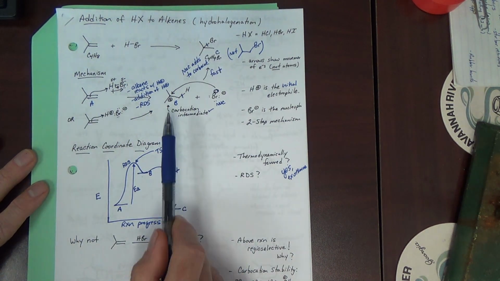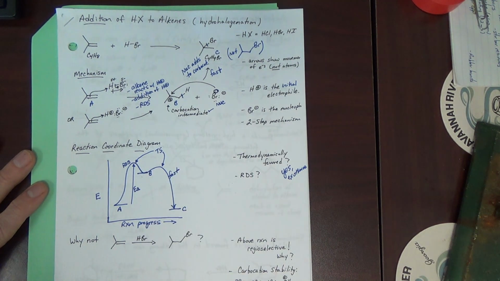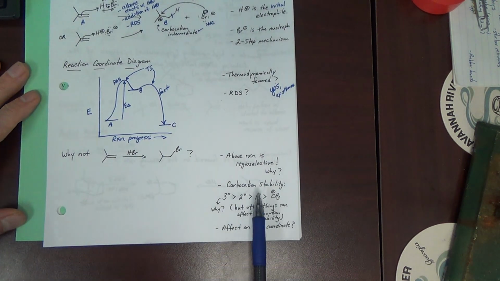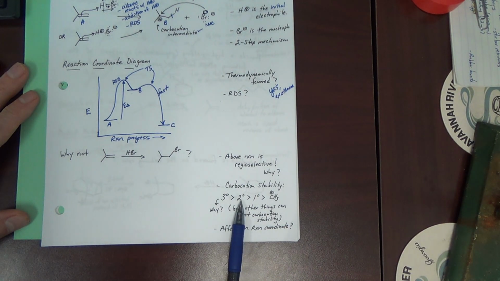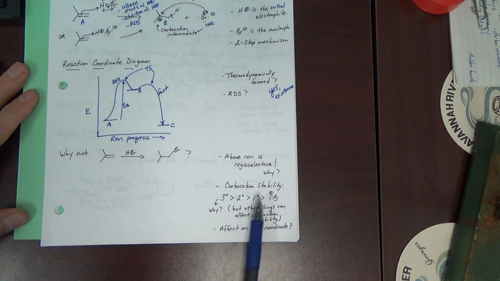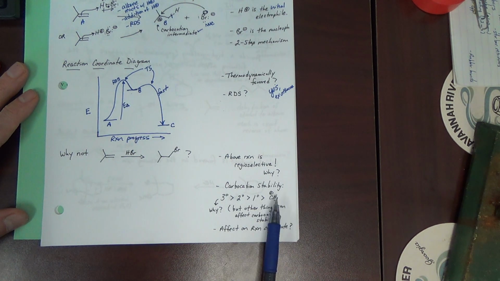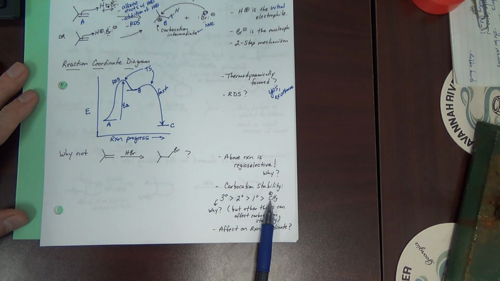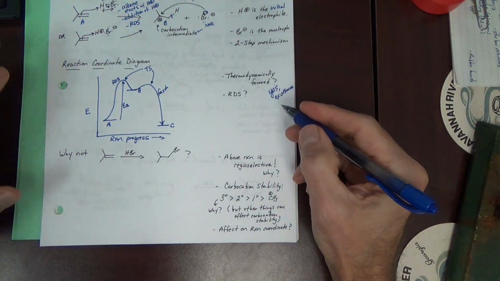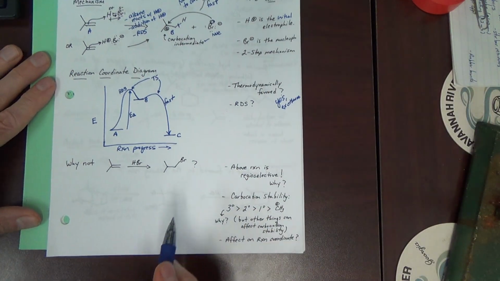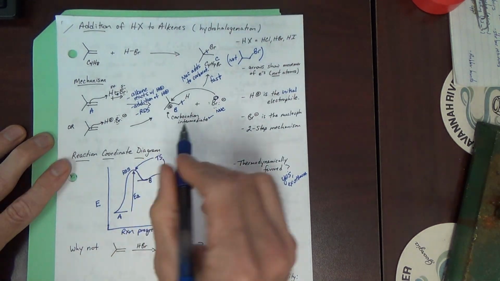Well, it all has to do with the carbocation intermediate and the stability. A tertiary carbocation is more stable than a secondary, and it's more stable than a primary, and it's more stable than just methyl, because a methyl carbocation is not even primary. Why? Well, it's inductive effects. We'll look at this. What type of carbocation did we form in the reaction above?